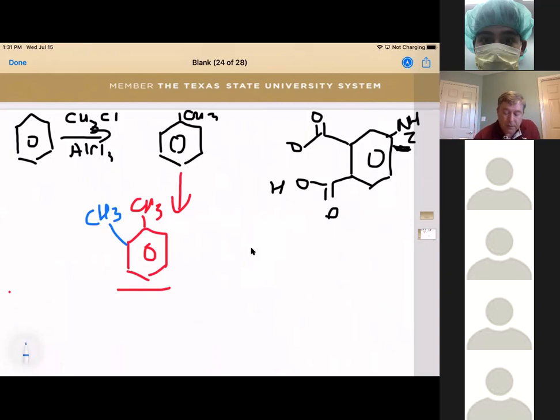Okay, so this is going to be activating this site here and this site here and this site here, which means that the other methyl group here is going to direct at this site here. And those are the only two sites.